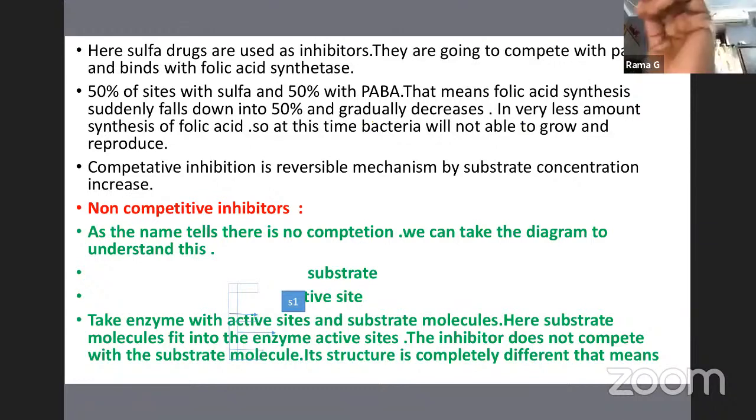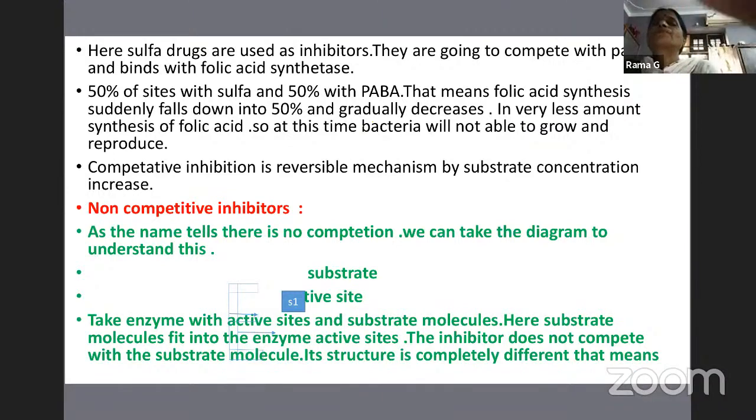That means the substrate molecules are gradually decreasing, so folic acid synthesis is gradually decreasing, and with a lower percentage of folic acid, microbes will not grow very well, and they cannot reproduce at a normal rate. So by this, infections will be cured.